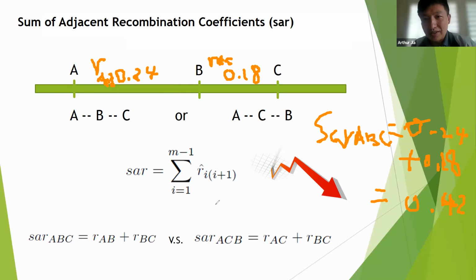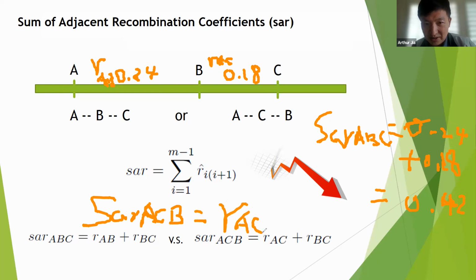However, if we want to calculate the SAR, let's say ACB, by definition this will be equal to RAC plus RBC. RBC we already know. But how about RAC?